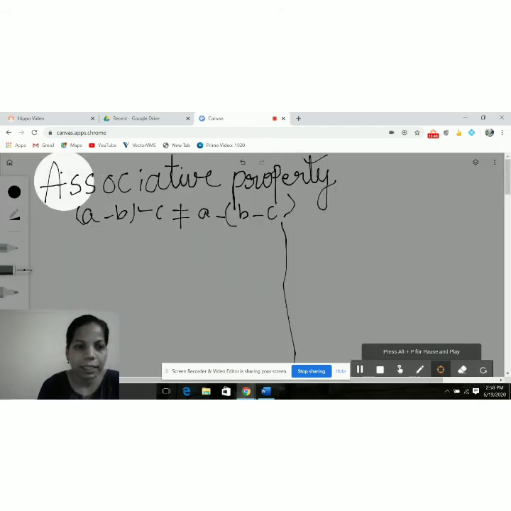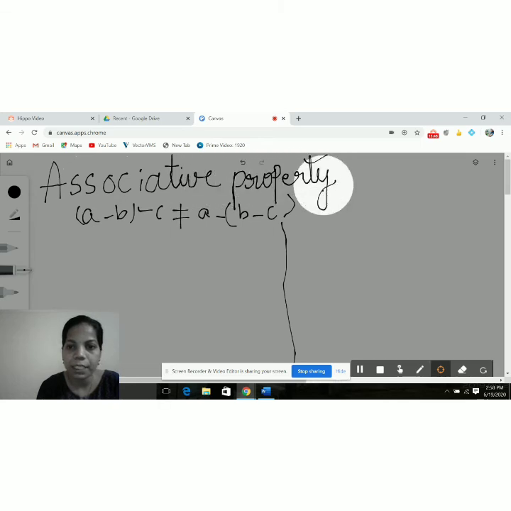The next property is the associative property. What is the associative property? If a, b and c are any three integers, then a minus (b minus c) is not equal to (a minus b) minus c.